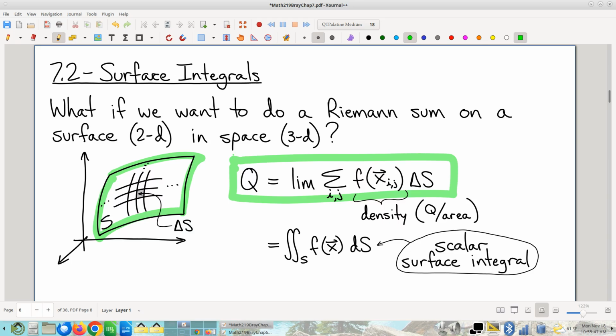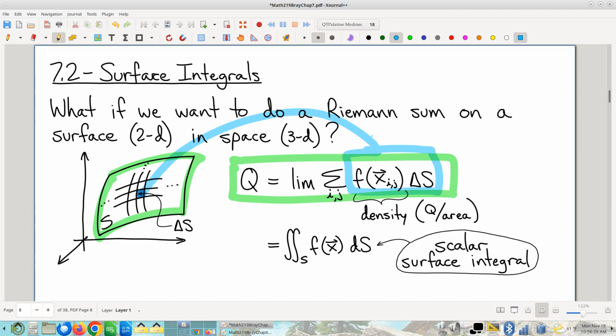Well, you chop it up into little pieces, and then on each individual little piece, you're going to make an argument that's going to look approximately like this: whatever your quantity is that you're interested in, you're going to talk about stuff per unit area times area. That's been our approach all the way along. It's always stuff per unit size times size. It's just that now size, in this case, means area. Specifically, area on the surface.